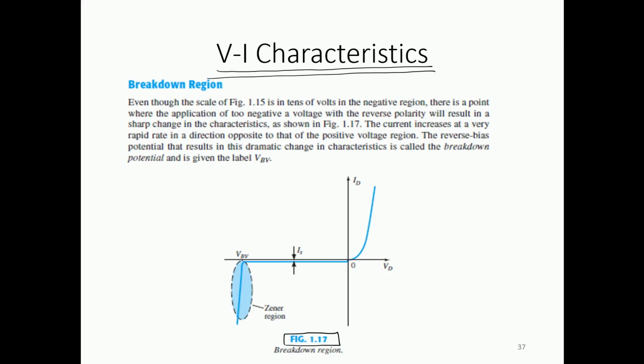On the horizontal axis we have the applied voltage, and on the vertical axis we have the current generated by this diode. Whenever a voltage is applied and after a certain value we see a rise in current, which means here the resistance is less, here the resistance is a bit high, but after some time the current rises and takes a saturation value.